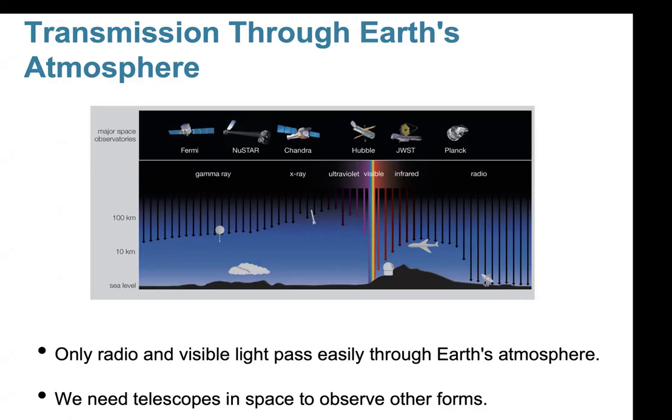Mostly this comes down to the same principles that we discussed when we talked about absorption and emission spectra. So the atmosphere is acting in the same way that a cloud of gas acted when it was in front of a continuous spectrum. Namely, it's absorbing some of that energy.